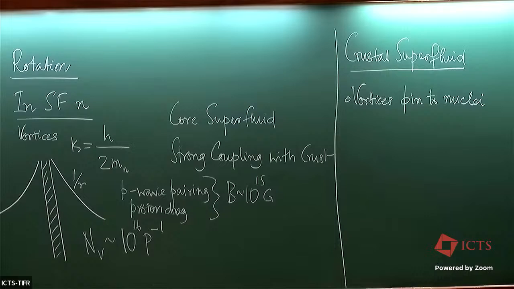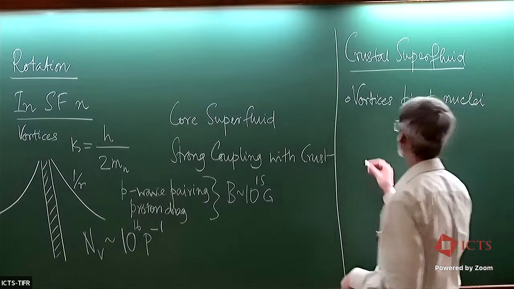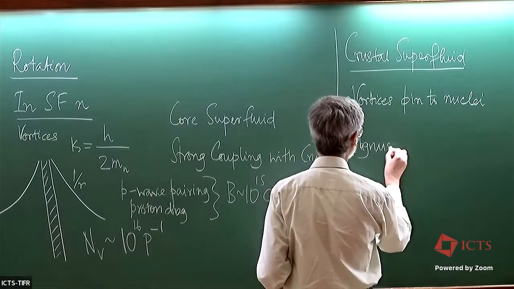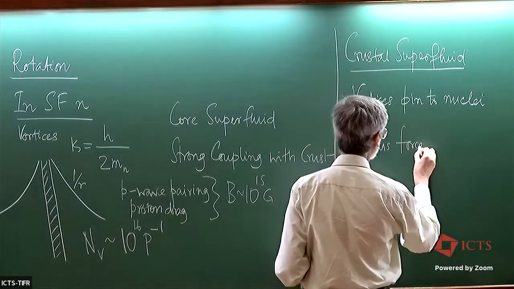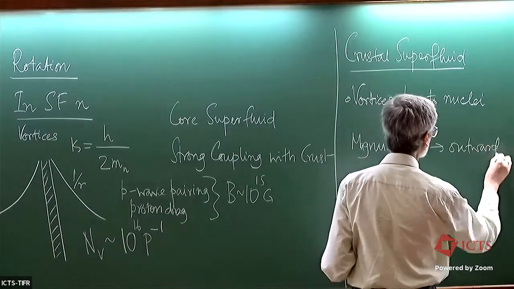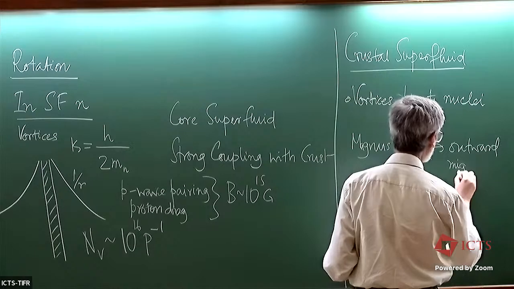So now again there is a relative speed, there is a Magnus force, which will tend to push the vortices outwards. Outward migration of vortices.